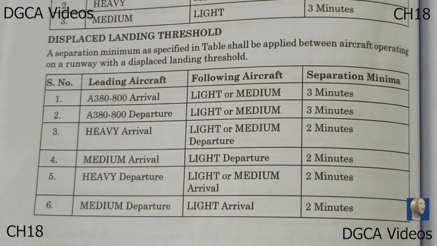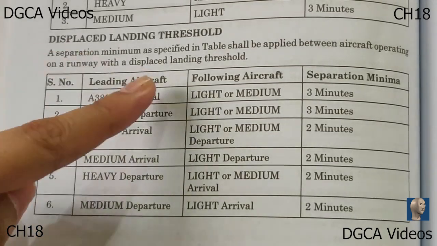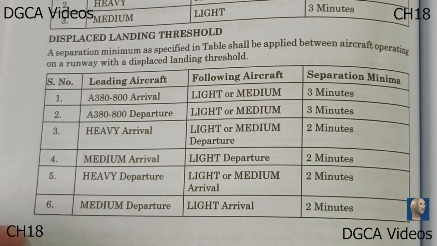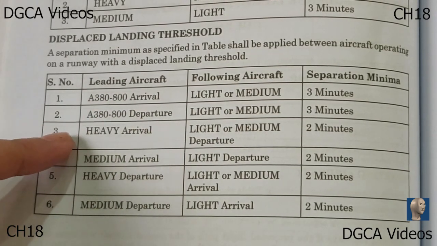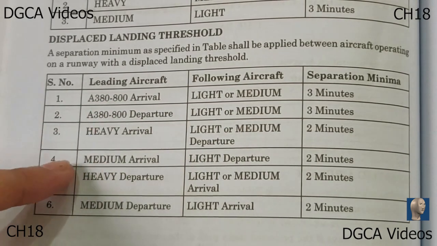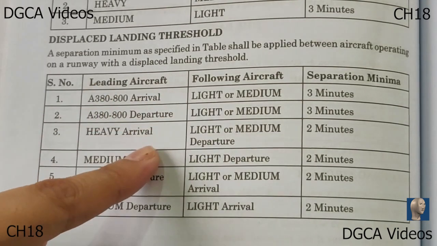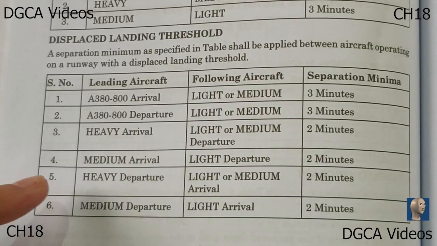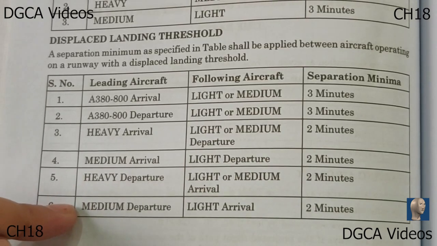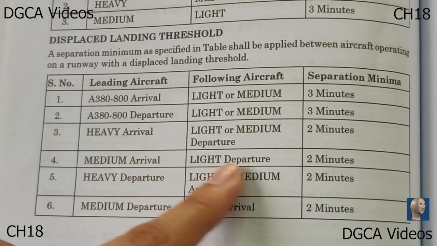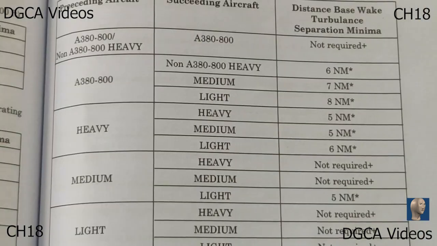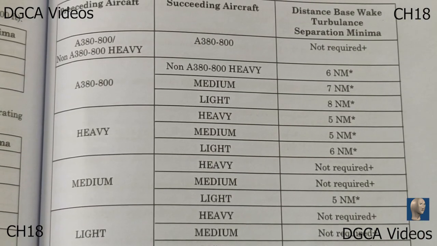So the leading aircraft is super heavy and the following aircraft is light or medium, then 3 minutes separation for departure as well as for arrival. And in case of heavy arrival and medium arrival also, if the following aircraft is light, and in this case light and medium, 2 minutes separation, and in heavy departure and medium departure 2 minutes separation for these following aircraft. That was the time based separation.